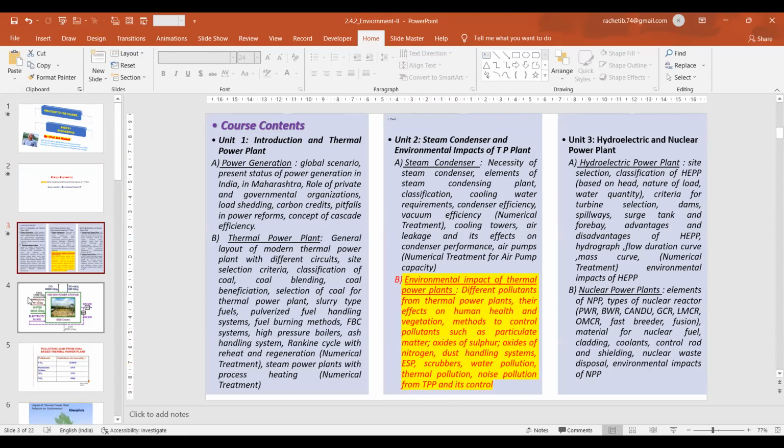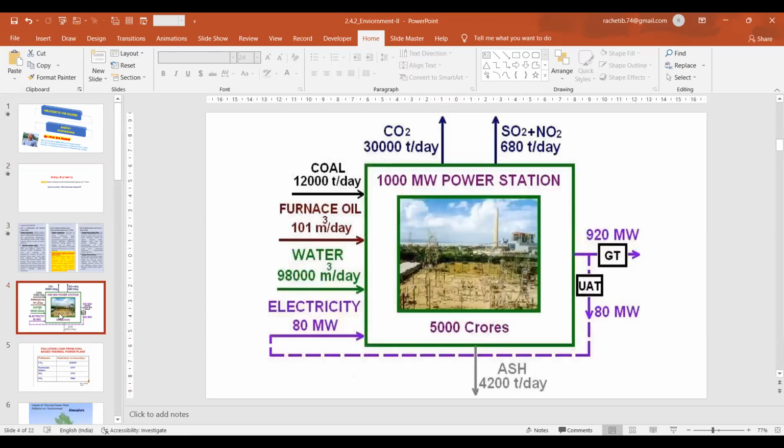Before that, I have some slides or data obtained during my service in a thermal power plant that I want to put up in front of you as a part of knowledge. If you consider a 1000 megawatt power station, then how much coal, oil and water is required is described in this figure.